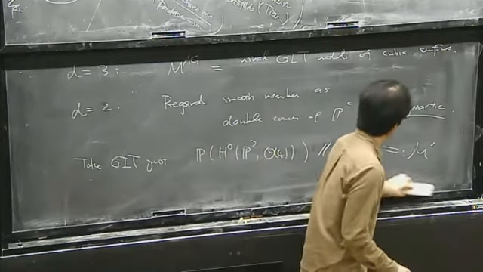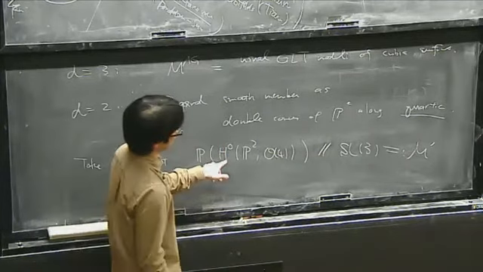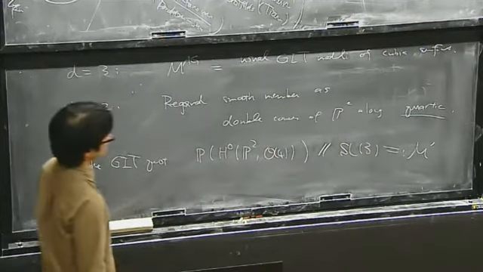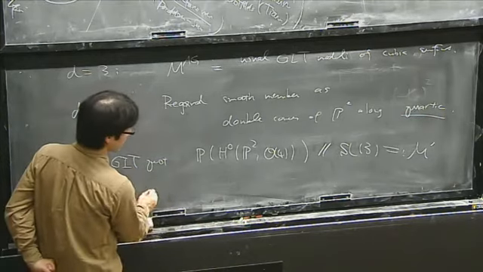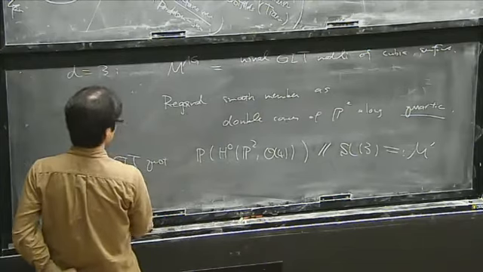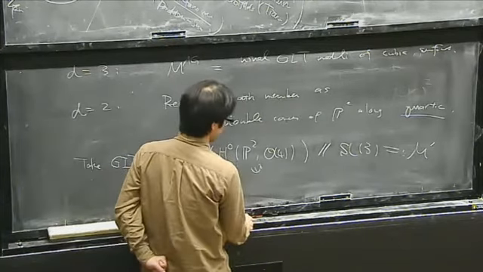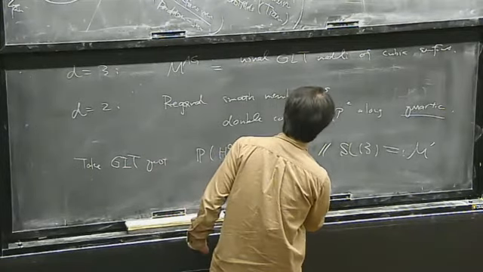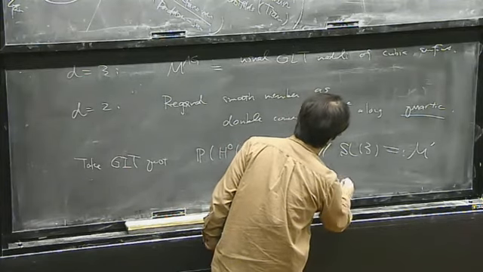Then, as every point corresponds to some polystable quartic, this looks like a natural thing to think. But actually, this is not the right thing because this could include some double conic part.